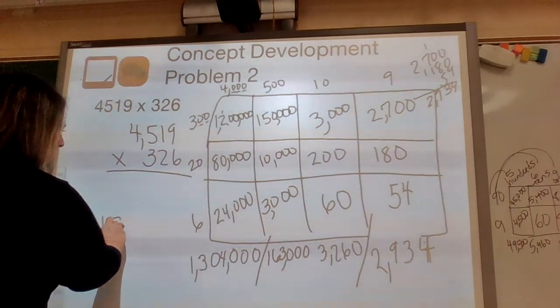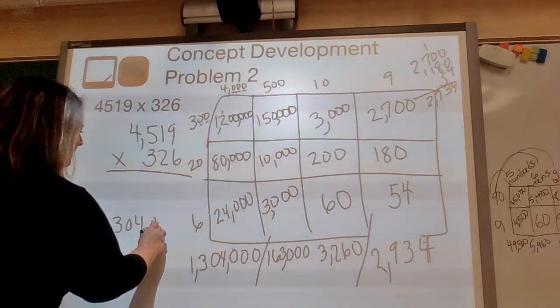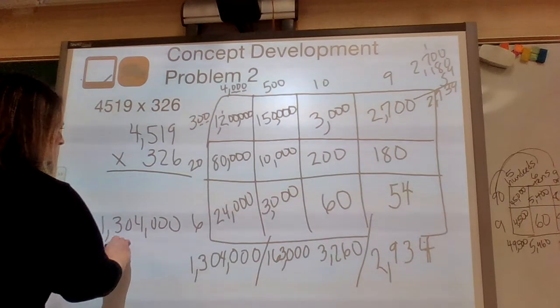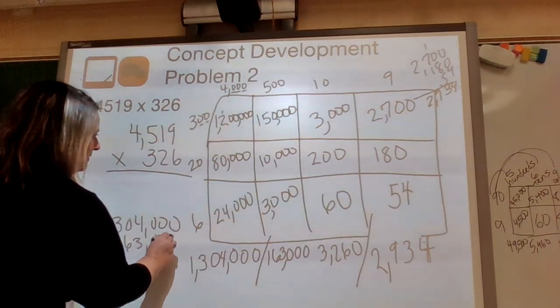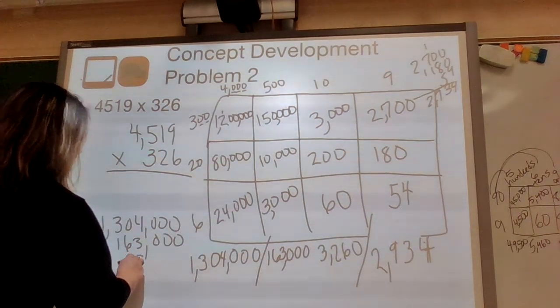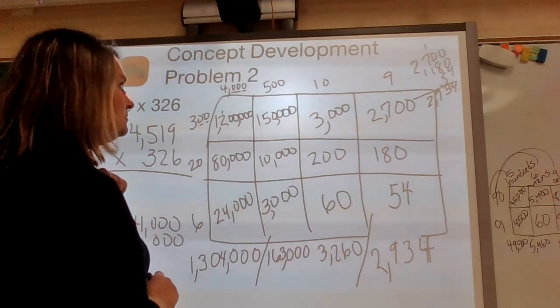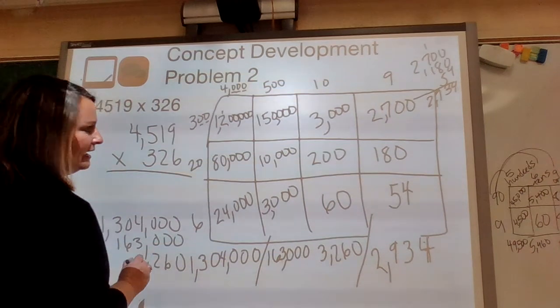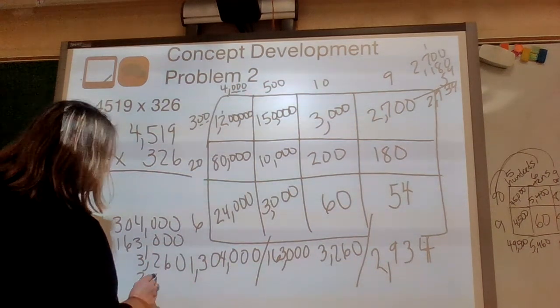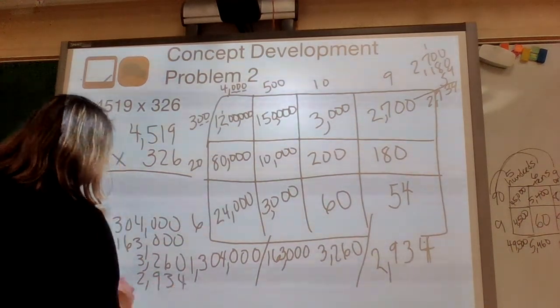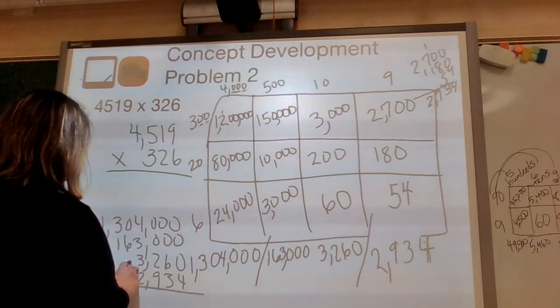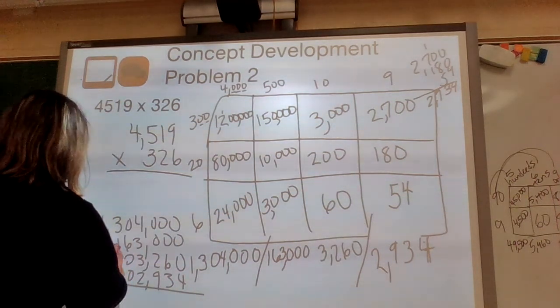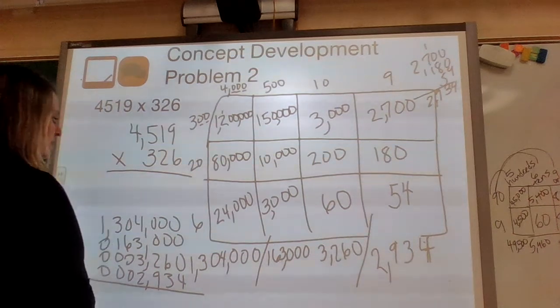So I have 1,304,000. I have 163,000. I have 3,260. I have 2,934. And I'm going to go in and fill in with zeros because that makes me a little more comfortable.